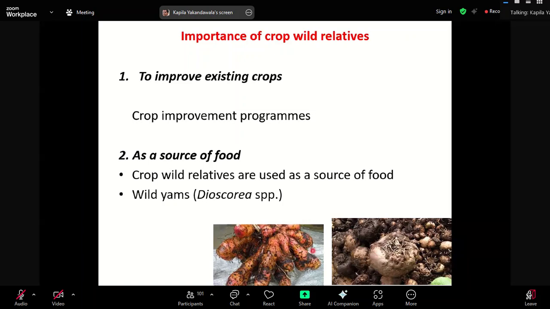So most of these wild varieties, their food quality is good for our health compared to improved varieties. So please remember the importance of crop wild relatives. We can think about 2 points: to improve the existing crops and as a source of food.